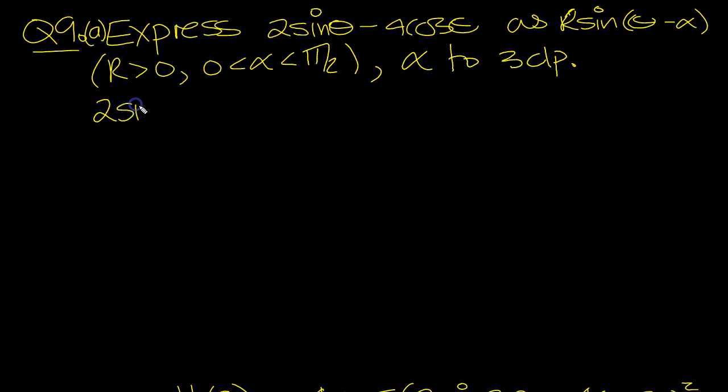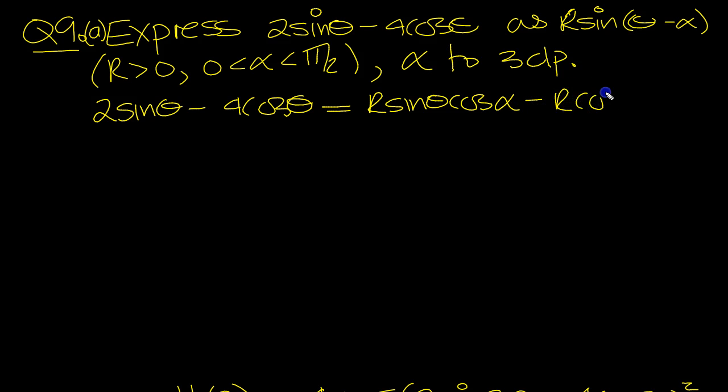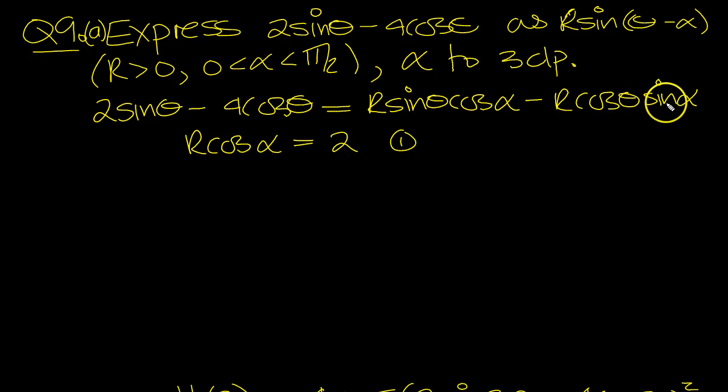So 2 sine theta minus 4 cosine theta. Let that equal this. So it's r sine theta cosine alpha minus r cosine theta sine alpha, using the compound angle formula. So r cos alpha is 2, and the other one, r sine alpha is 4.